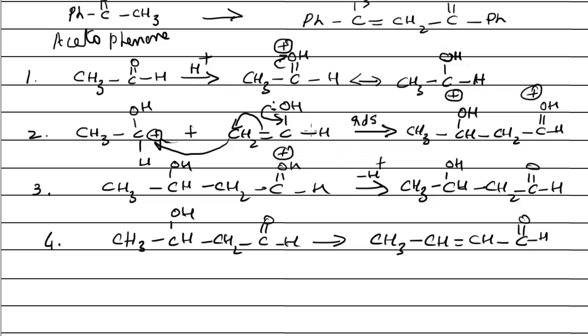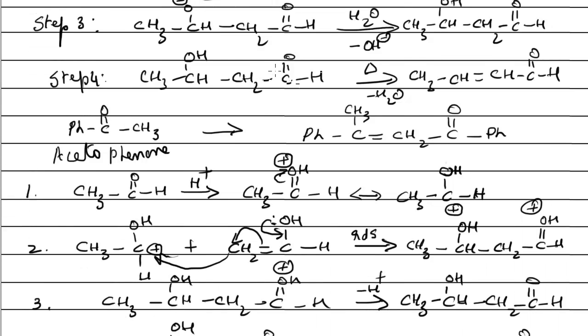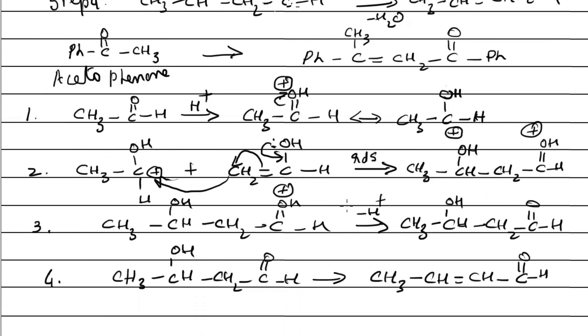Now I forgot to mention something. In the case of the base catalyzed, the second step where the carbonyl attack happens is the rate determining step, and in the same way in this case the attack of the carbon on the electrophilic carbon is the rate determining step. So in both cases this is the rate determining step. The advantage of this knowledge is that if I were to use two different aldehydes, or one aldehyde and a ketone, or two different ketones, then we know that the carbon that is more electrophilic will get attacked.